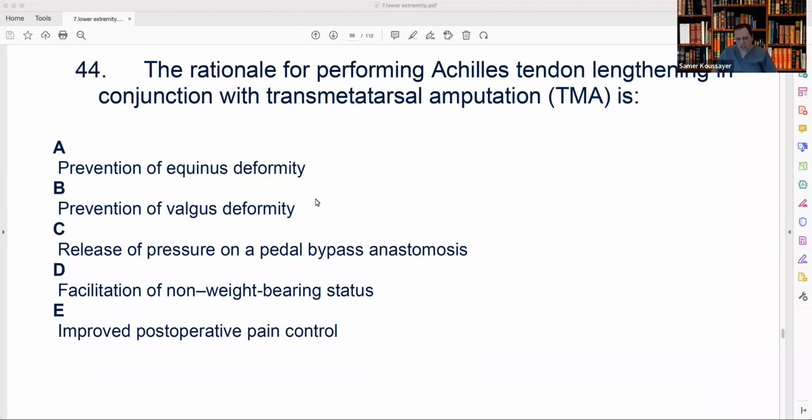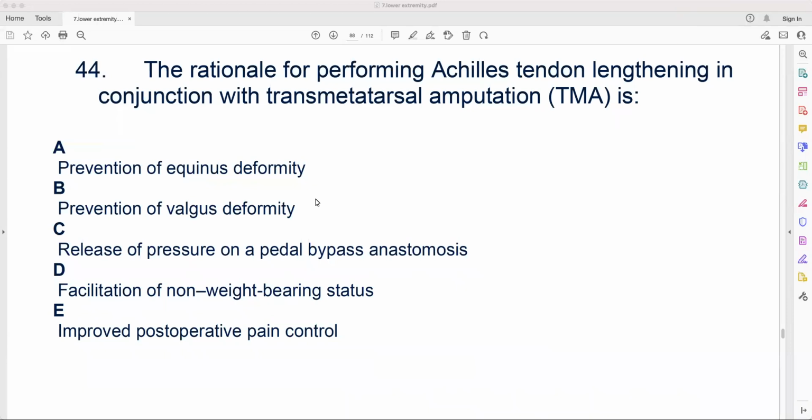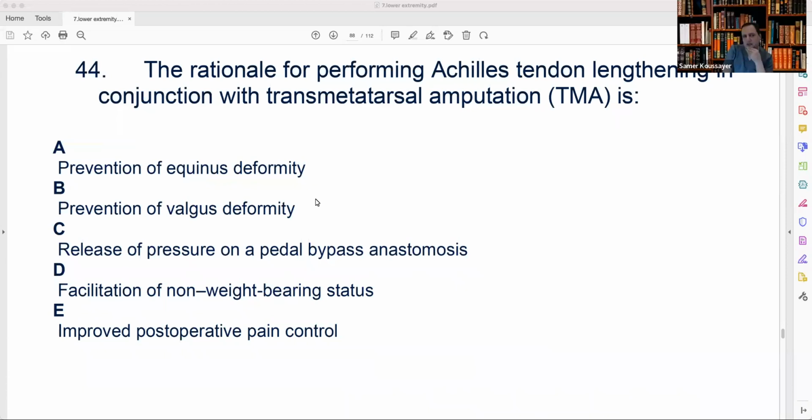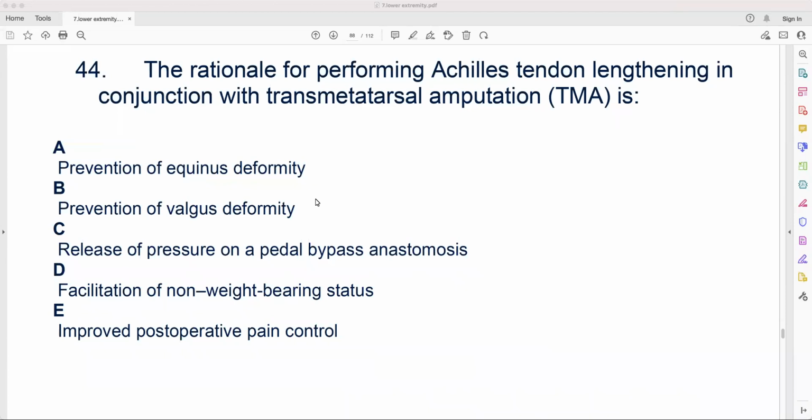Always there is a chance for the foot to go lateral, because the muscle is stronger on the lateral than the medial aspect. So after transmetatarsal amputation the foot tends to go more lateral, and if the patient is really active and walking a lot, this can cause ulceration on the medial aspect. The reason they elongate the Achilles tendon is to prevent that.